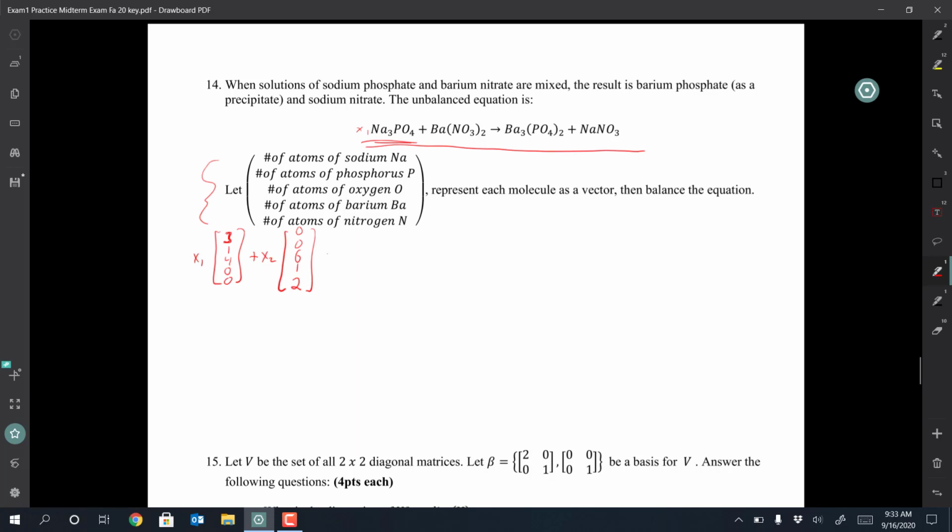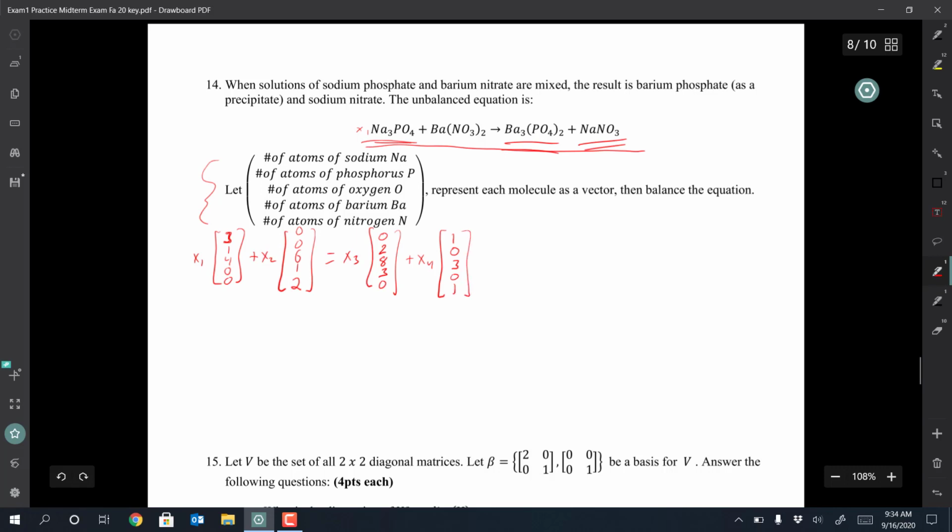Now this should be equal to x3 times our next molecule. This guy is going to be 0, 2, 8, 3, and 0, plus x4 times our vector representing our last molecule, which is 1, 0, 3, 0, 1.